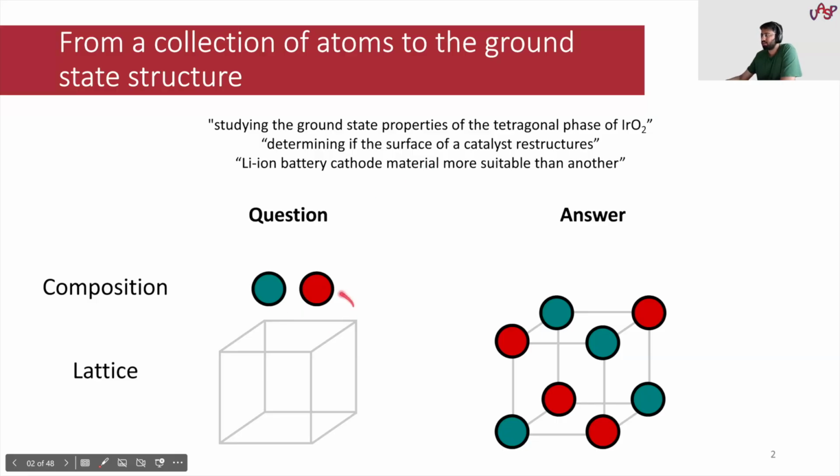If you have a certain composition, a certain stoichiometry of something, say, for example, iridium oxides, you know what the stoichiometry of iridium and oxygen is, and you know from experiments, or you have perhaps a guess, some papers from a while ago that hypothesize what the crystal structure is. So you know some idea about the composition and something about the crystal structure. You hope that you can figure out what the ground state structure is.